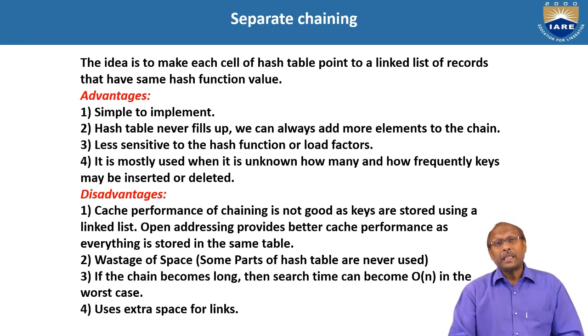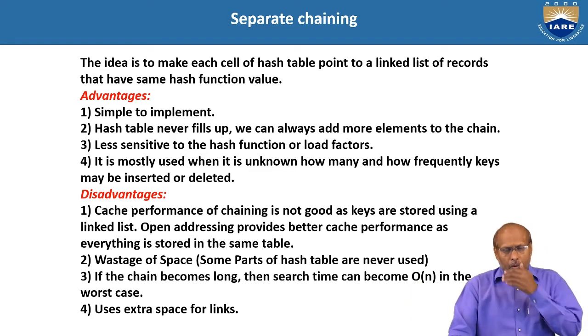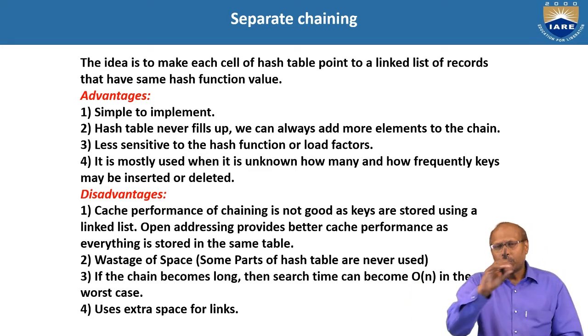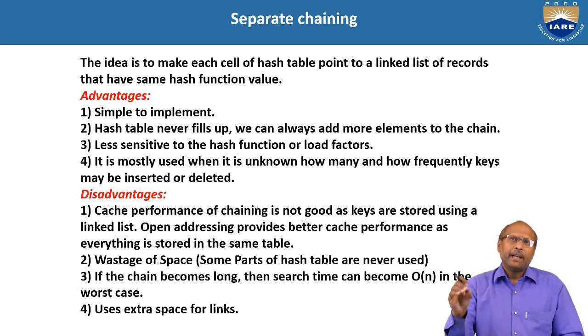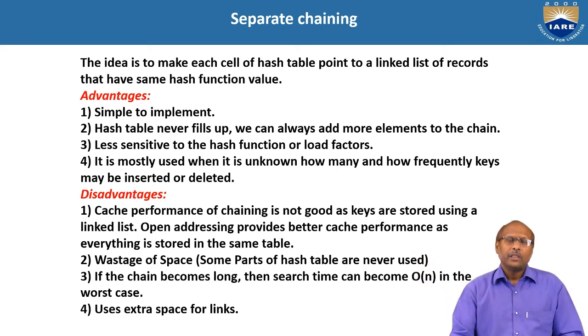So whenever multiple keys generate the same hash index, those values you keep in a single linked list. Like this, you generate multiple linked lists. Every linked list maps to a particular index. So separate chaining looks like a set of linked lists.